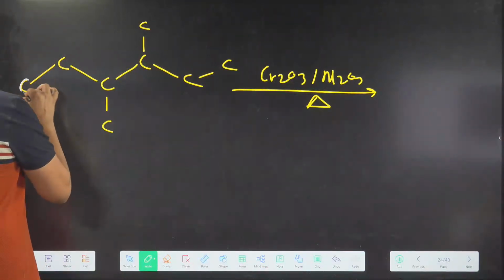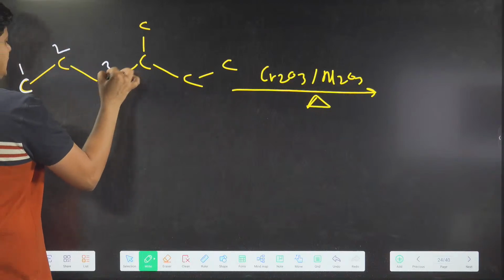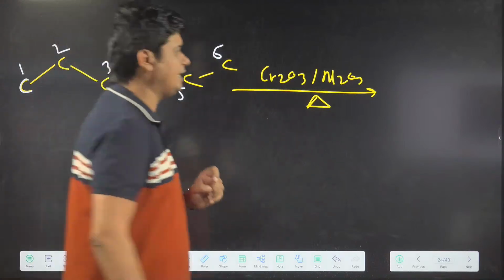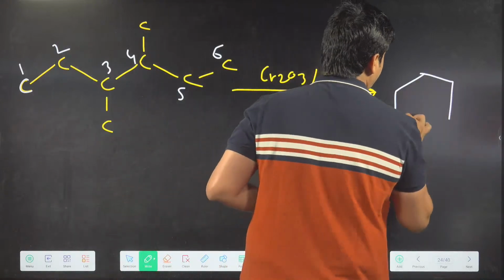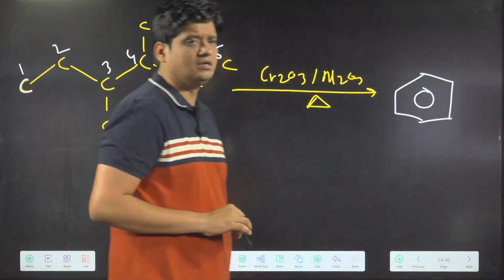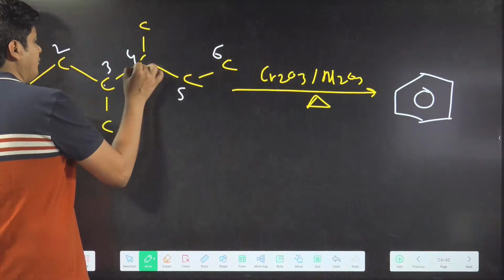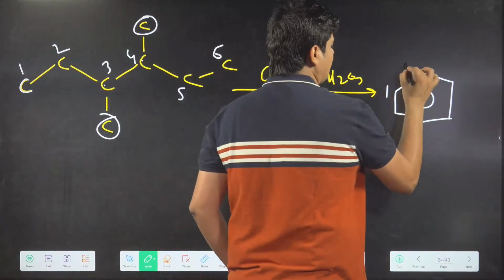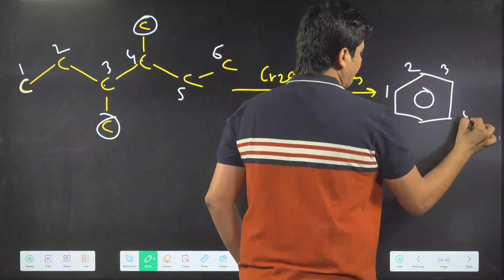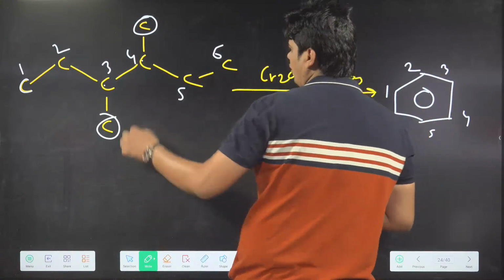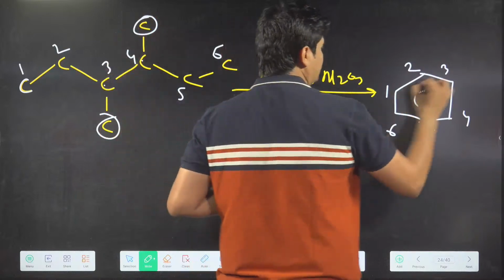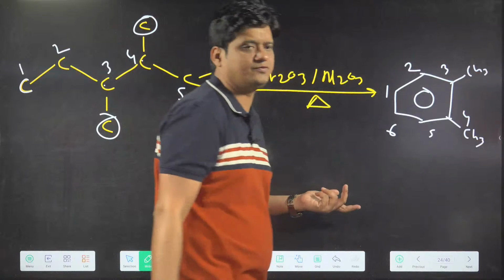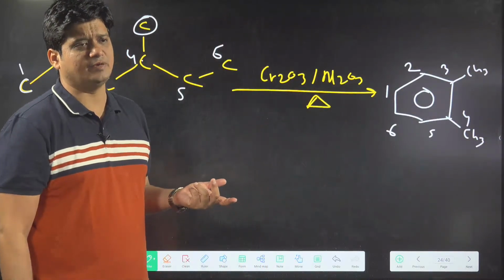We have to make a 6 carbon aromatic compound, that is benzene. What you are observing is that positions 3 and 4 have extra carbons. So give numbers there, 1, 2, 3, 4, 5, 6. This is 1 extra carbon, and this is 1 extra carbon. This product is formed. This is the way to find the product.